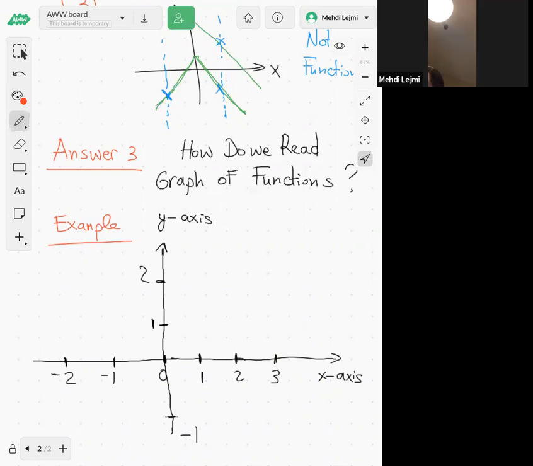Okay, so let's say this is my graph. First question, guys.